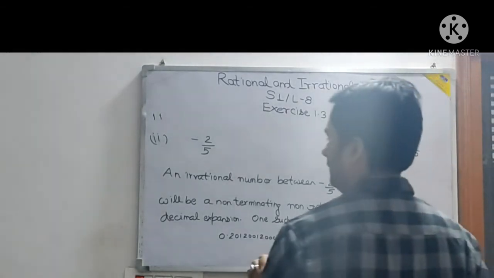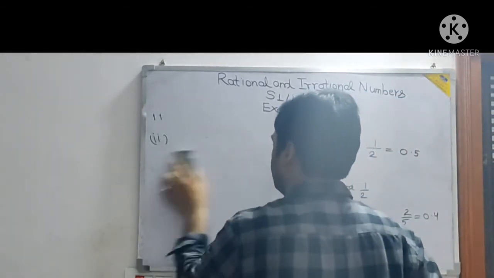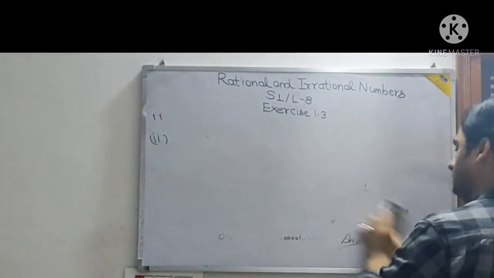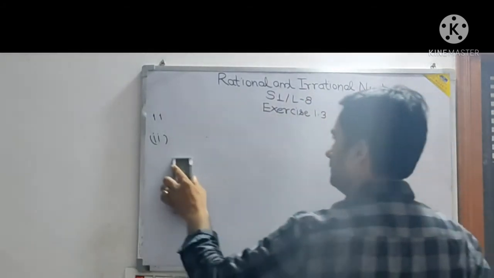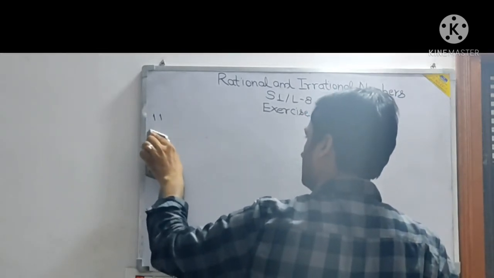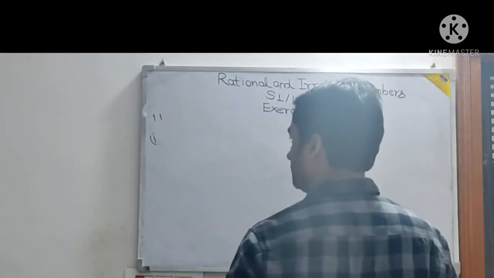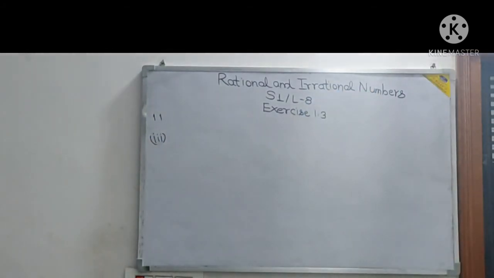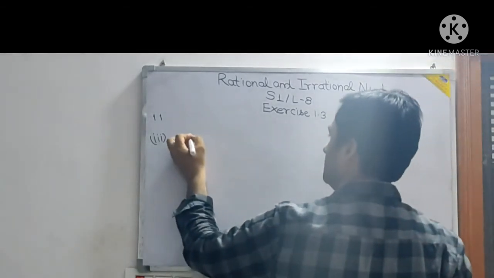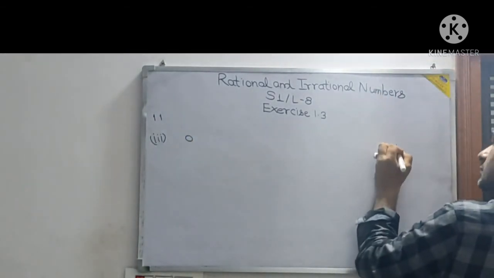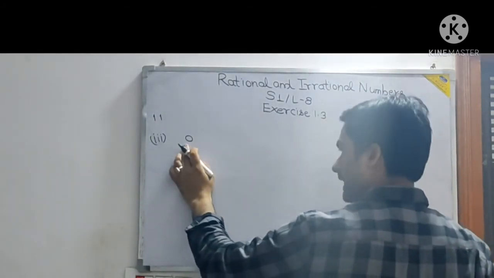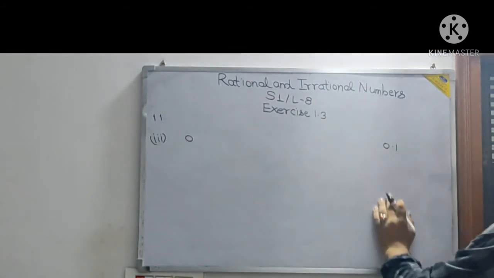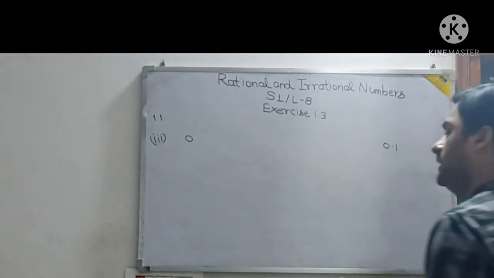Then, third part. What is the third part about? Third part is saying between 0 and 0.1. 0 and 0.1. This is what? 0 by 1, a rational number. This is 0.1, again a rational number. Terminating, this was terminating.